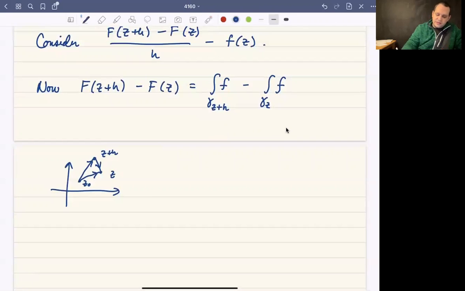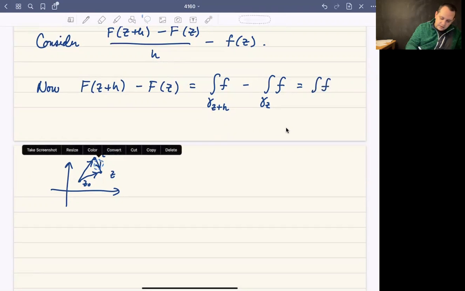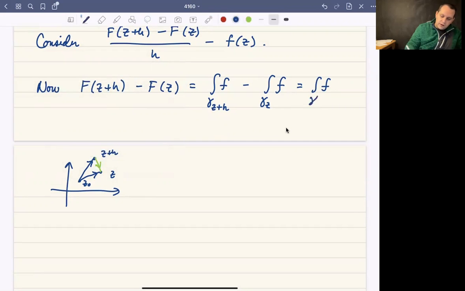And it turns out that this is going to be the integral over f of, let me actually just highlight it here, this green path. Okay, so this is going to be the integral over f over some path gamma, where gamma is any nice path from z plus h to z.